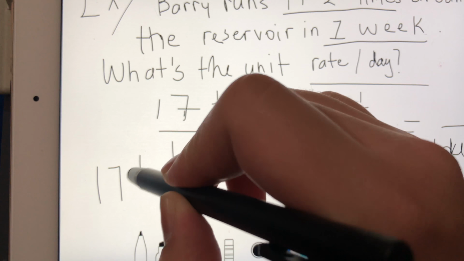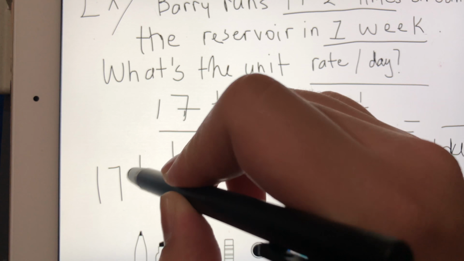I know that 17.5 is equal to 35 over 2. The reason why is that I can multiply the bottom and add it to the top. So 17 times 2 is 34 plus 1 is 35 over 2.